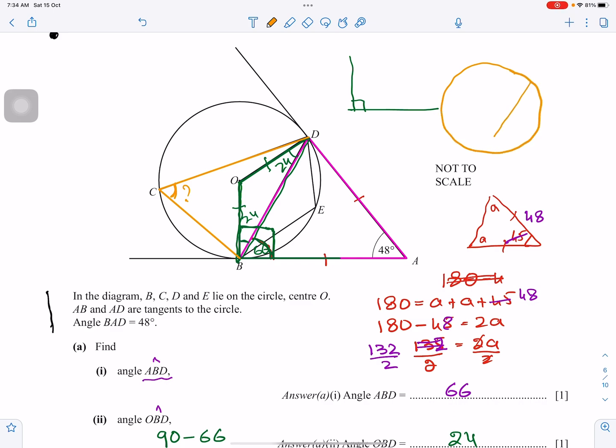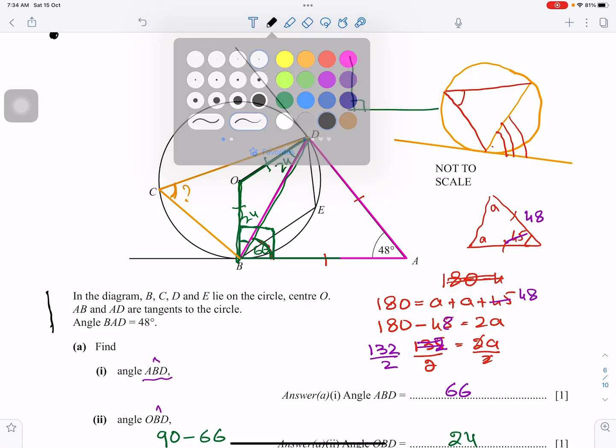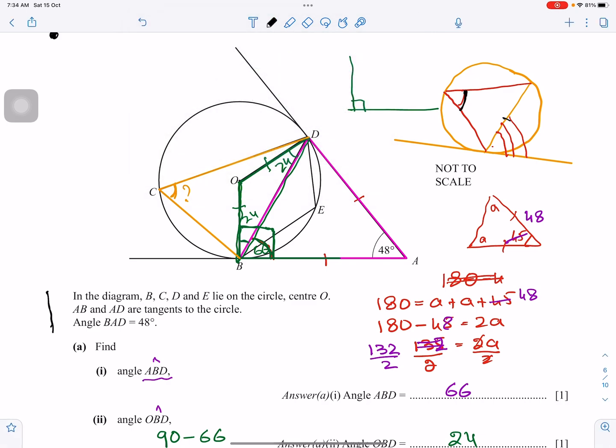If there is a chord and there is a tangent, the angle made between chord and tangent, this one, I'm just writing separately, otherwise the student can get confused. So the angle made between chord and tangent is equal to the angle made by the chord on the opposite side on the circumference. So this angle is equal to this angle, right? This angle is equal to this angle.